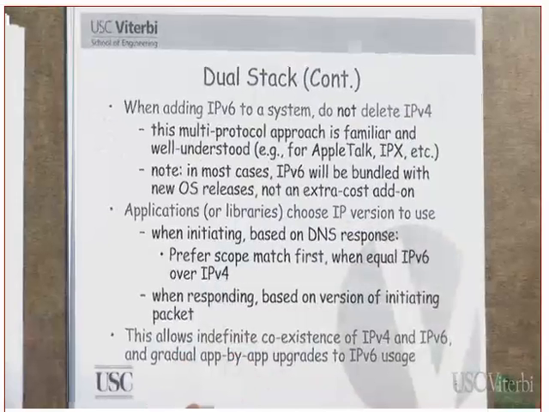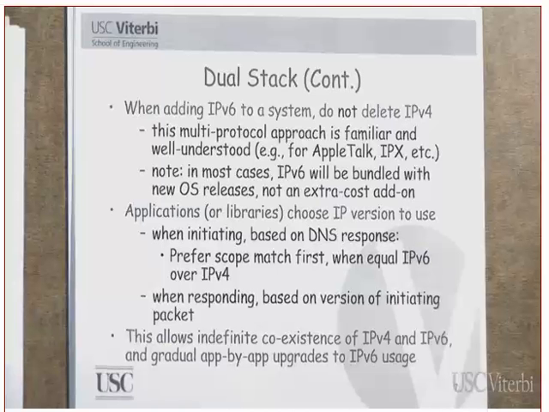They will only see the header, which is an IP version 4 header. So the packet gets routed across the IP version 4 network until it reaches this point here.